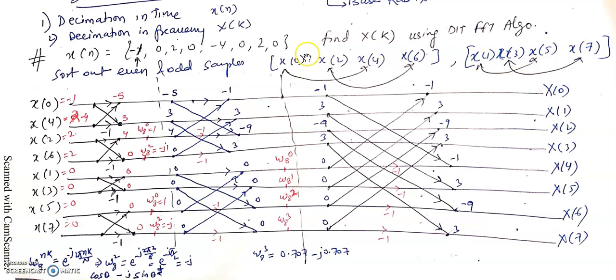So this is even and odd. First, you have to write in that sequence only. You have to remember how this pairing is done.